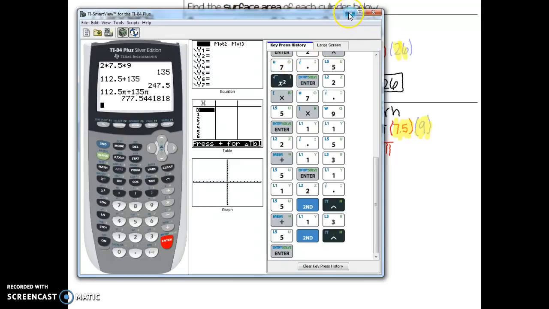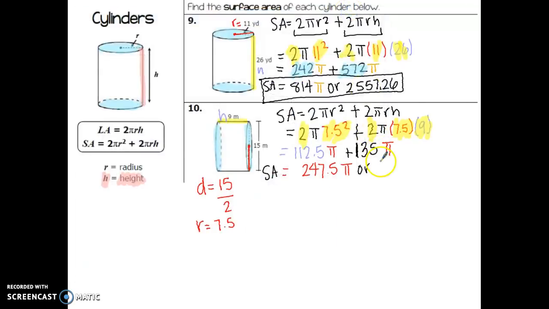It's going to give you the exact same, so 777.54. Of course, those two are the exact same answer. Nothing's changed there. Let me clean this up a bit. They are the exact same thing, just depending on what they want you to answer is the way you'll be answering.